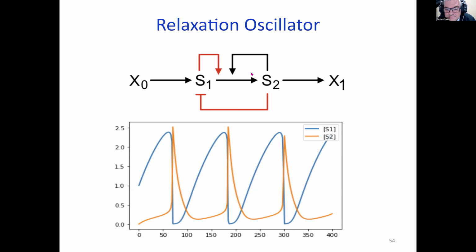So let's imagine that positive feedback increases S2. Now, if S2 increases, this will stimulate the positive feedback even more, which increases this reaction rate, which means that S1 gets consumed more.